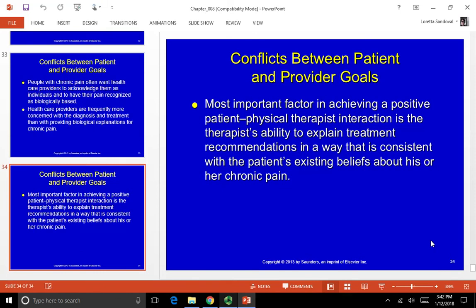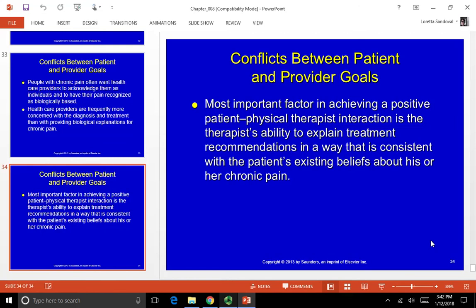So the most important factor in achieving a positive patient and physical therapist interaction is the therapist's ability to explain the treatment recommendations in a way that's consistent with the patient's existing beliefs about their pain.